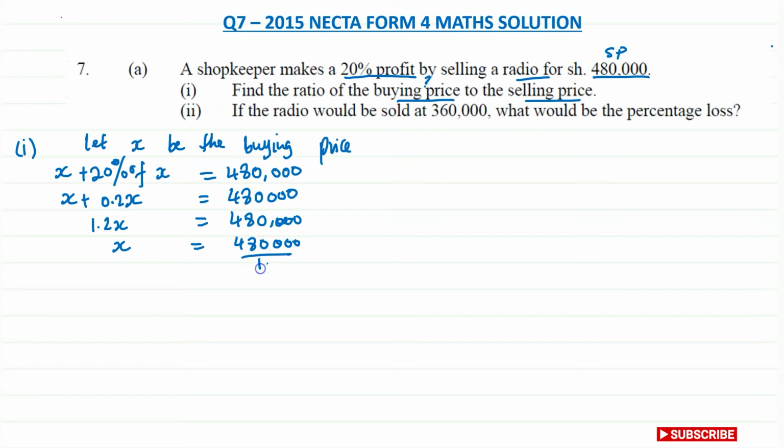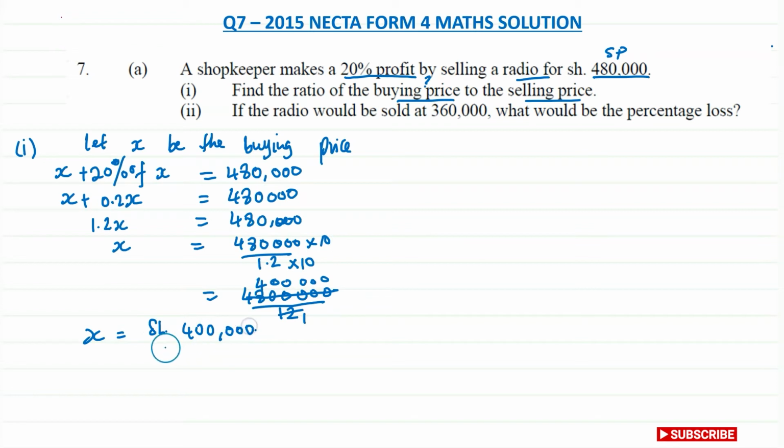You need to multiply by 10 to get rid of the decimal, so now you have 4,800,000 divided by 12. We can see 48 is a multiple of 12, so I'm just going to simplify this and this will give me 4 there and then the rest would be zeros. So it's 400,000. So the buying price X is going to be equal to 400,000 shillings.